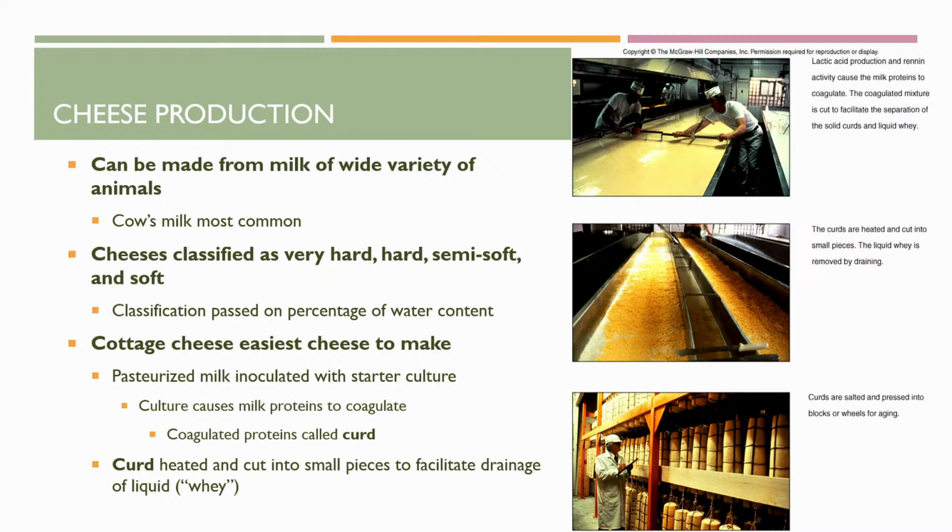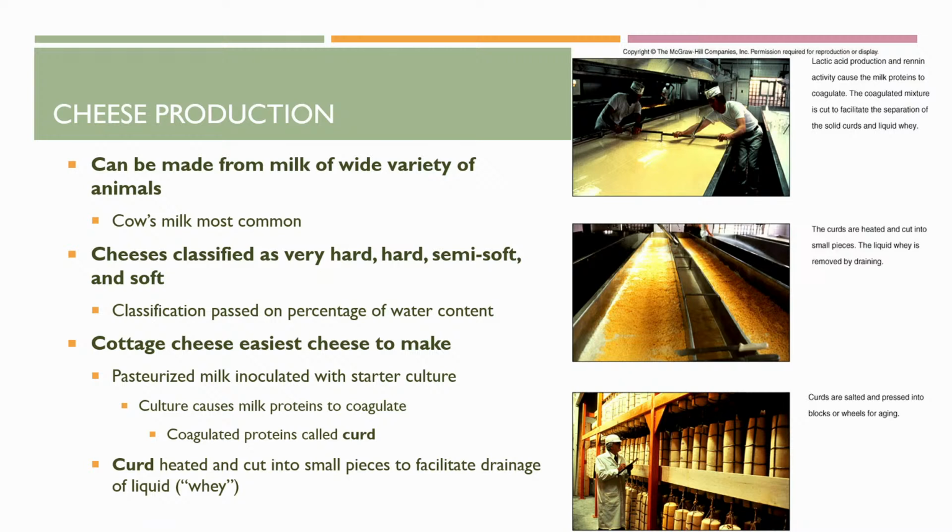Cottage cheese is usually the easiest to make. You basically inoculate the pasteurized milk with the starter culture, and then the culture will cause the proteins in the milk to coagulate. Coagulating means it's becoming more solid and chunky, and coagulated proteins are called curd. Curd is essentially cottage cheese.